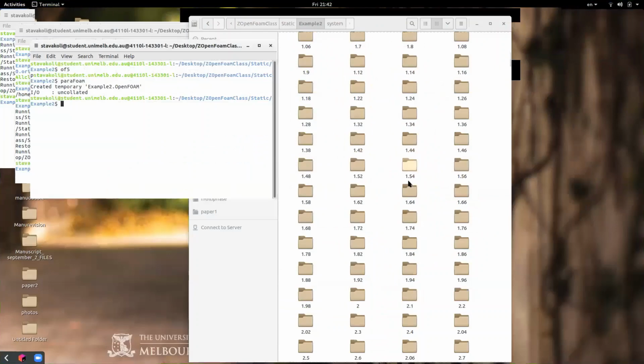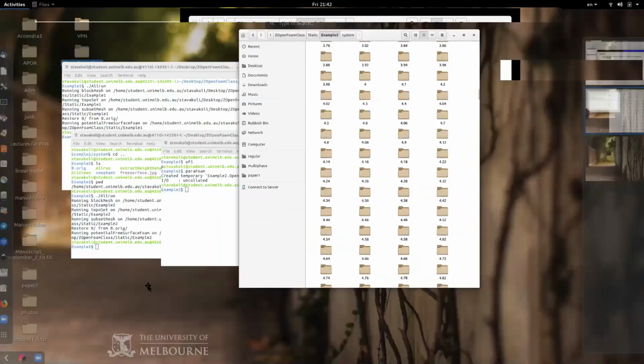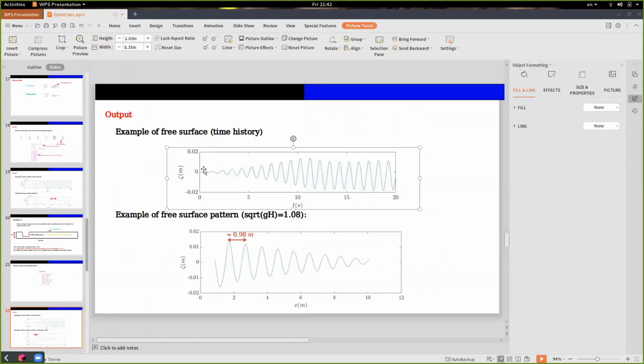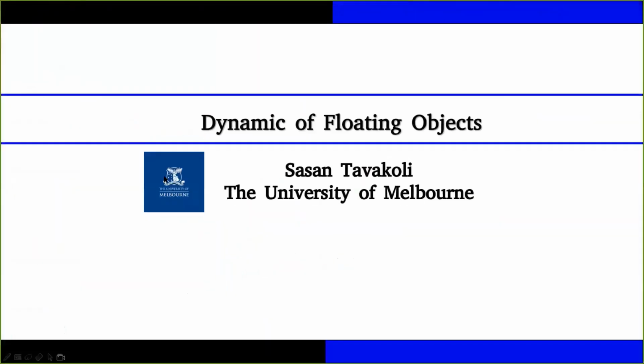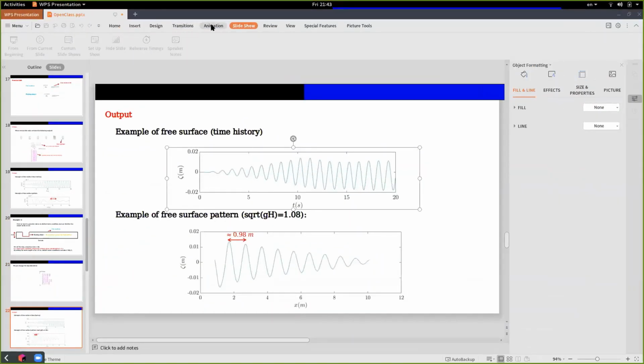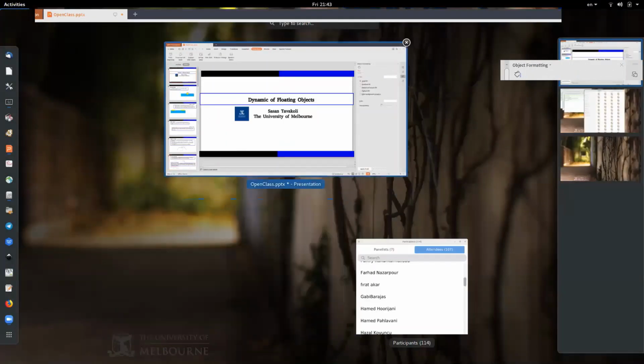Now let's have a look again at something. We have got the output over here. Again, I have got the example of the free surface over here.